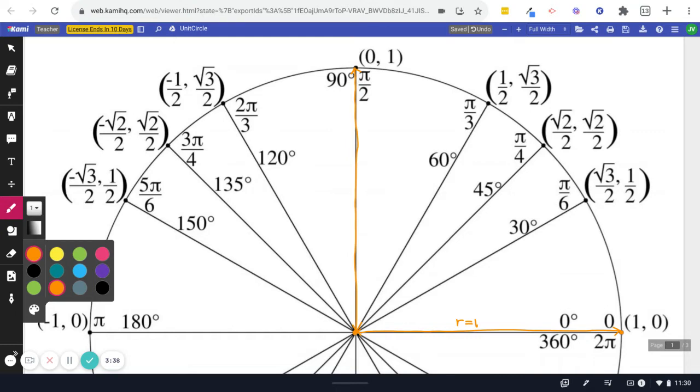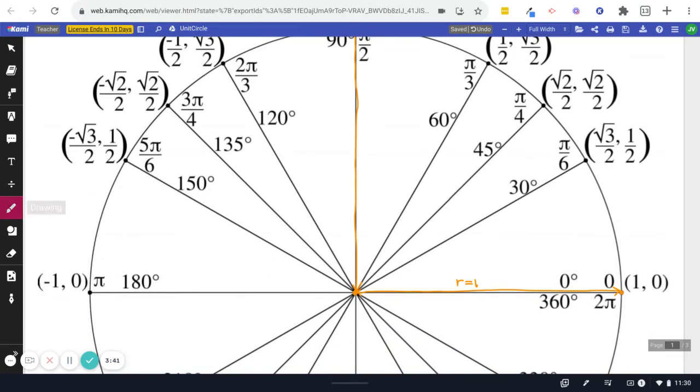So the first thing we're looking at here is the 4, I don't want to call them corners because circles don't have corners, but each of these sort of 90-degree spots.